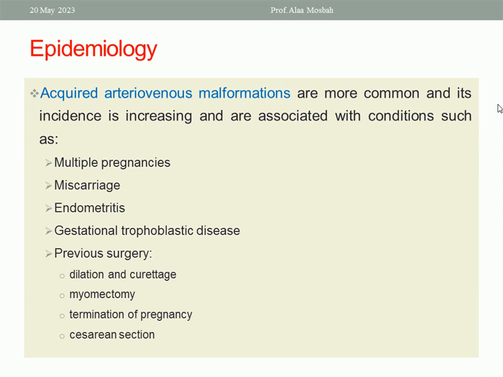Multiple pregnancies, miscarriage, endometritis, gestational trophoblastic disease, previous surgery, like what? Like D&C, dilatation and curettage, like cesarean section, like myomectomy, like termination of pregnancy. So all of these are risk factors. That's why the incidence is increased.